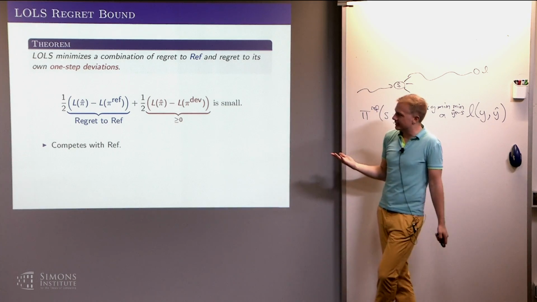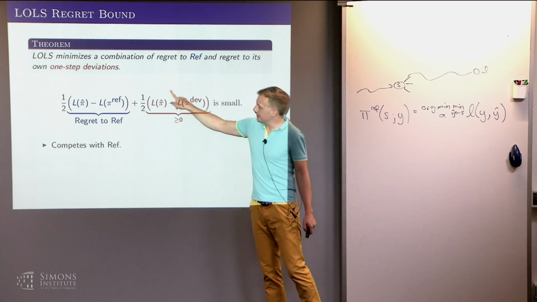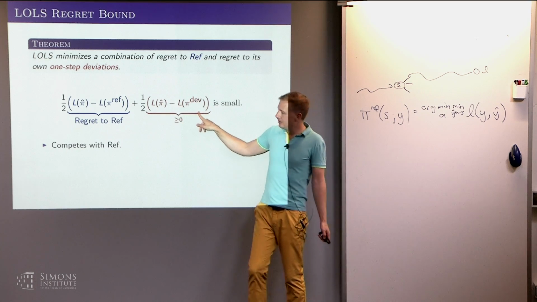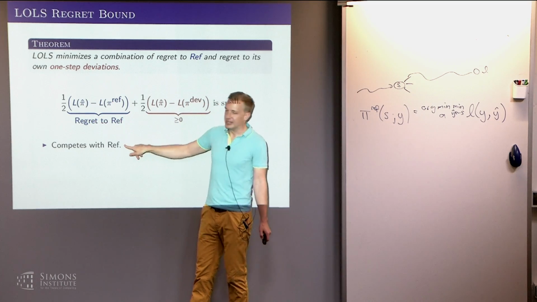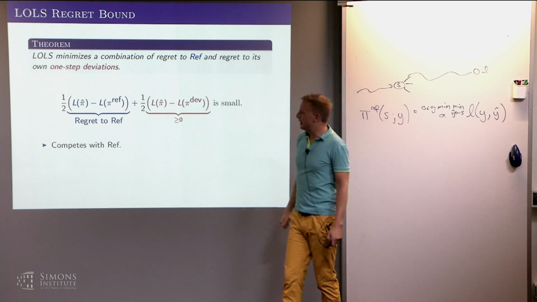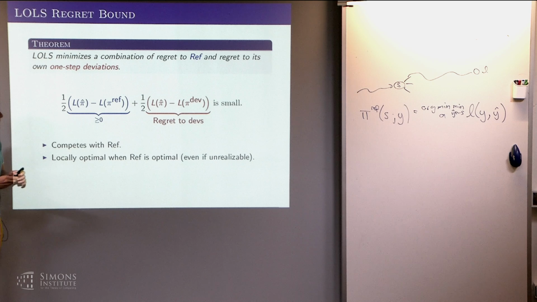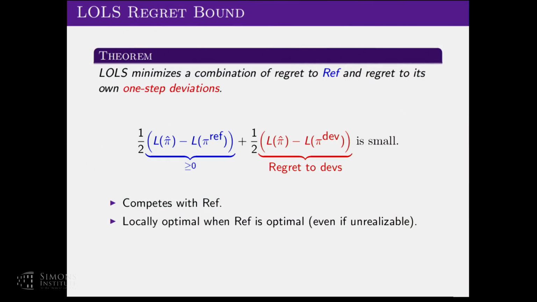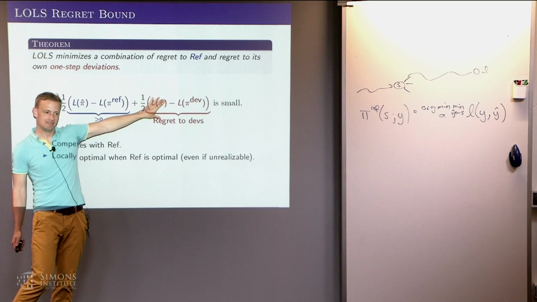So there are a couple of things that fall out of this. The first is this term is always non-negative, which means that this term is always small, which means that we're guaranteed to compete with ref. So that's good. The second thing is that if ref is already optimal, then this is non-negative, and this means that the red term is small, which means that we're locally optimal.